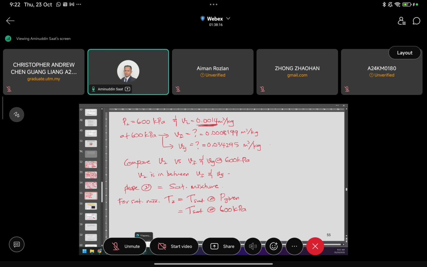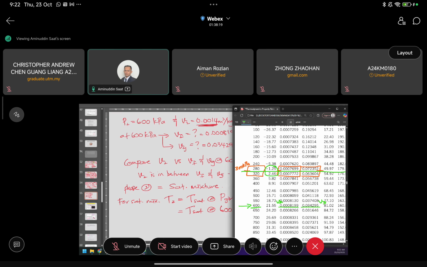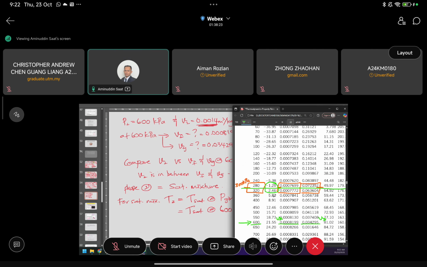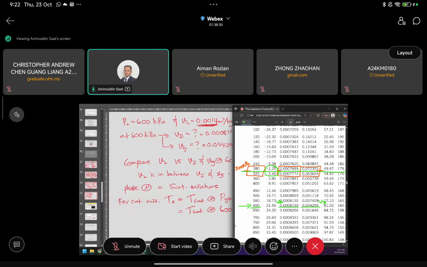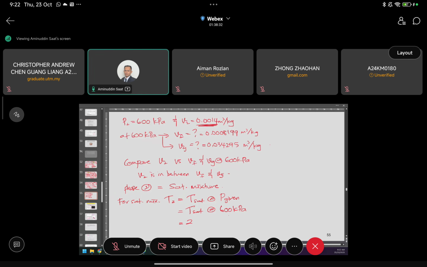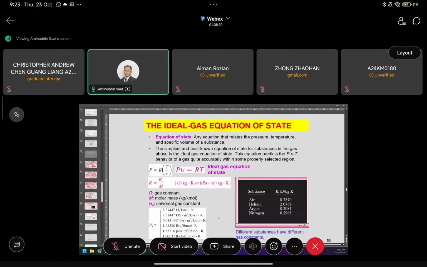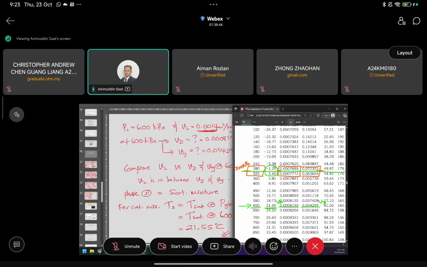So at 600 kilopascal, the T saturation is just next to the pressure value, in the second column. So this value is 21.55 degrees Celsius. So that is T2.